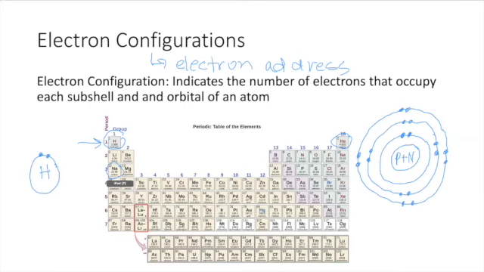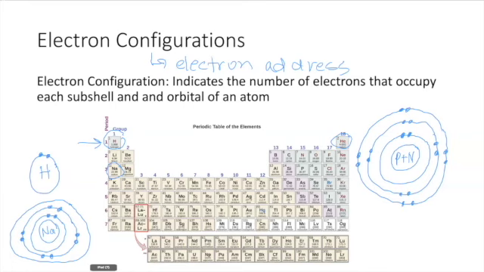Whereas sodium has 11. So he fills up his first subshell with 2, fills up his second subshell with 8, now leaving him with 10 total. And he puts 1 in the outer one.